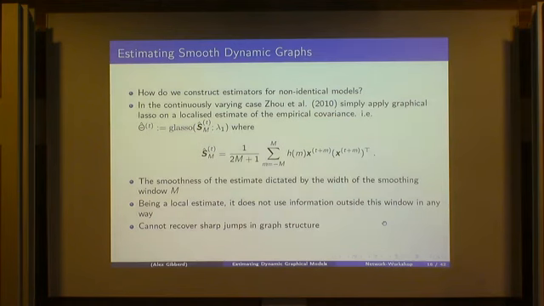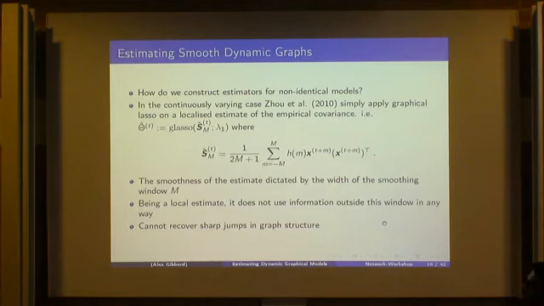Now, what are the usual ways to estimate either the smooth graph structures or the sharp changes? In the case of smooth graph structures, there were several methods where people use localized estimates or kernel averaging ideas, where they use a window around a neighborhood of a time point and accumulate the observations there to find a local estimate of the graph structure or the empirical covariance.